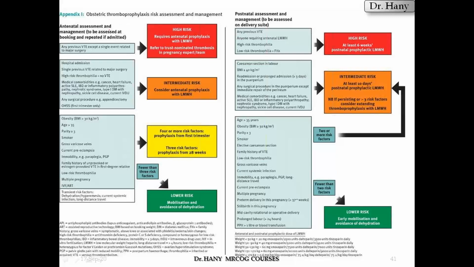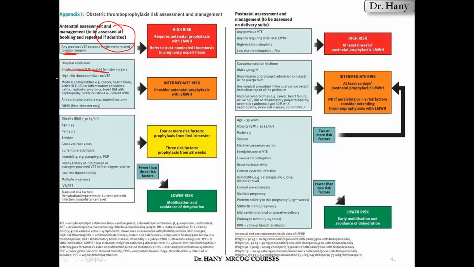If the woman has a previous DVT or VTE, except the one related to major surgery. So if the woman had a fractured humerus or femur, did a surgery and has a DVT, this is provoked.